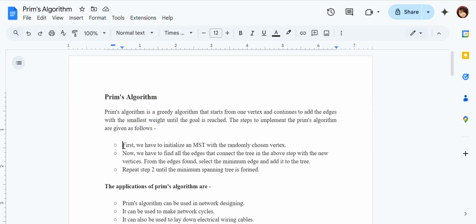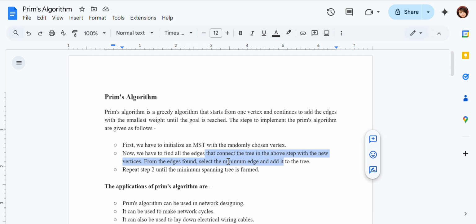The steps are: first, initialize a minimum spanning tree with a randomly chosen vertex. Any vertex you can choose is the source of your minimum spanning tree graph. Now find all the edges that connect the tree in the above step with a new vertex.